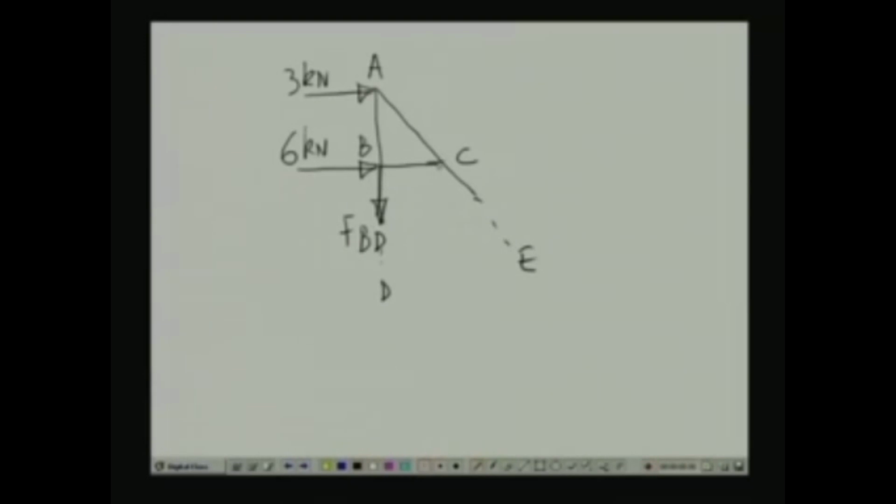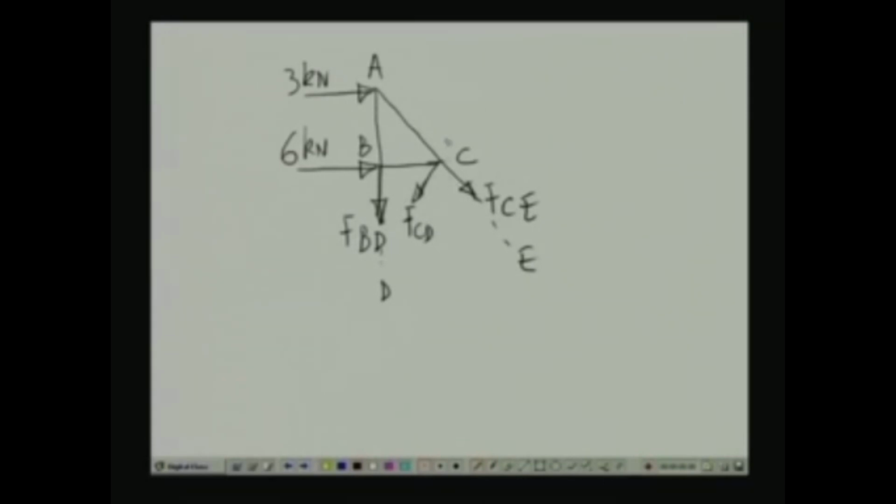So, this is FBD, we have a member in this direction which is FCD, and we have force FCE. We can compute the forces. If we take the moment of all the forces with respect to this, then 3 kilonewton is going to contribute a moment of 3 times this distance, and FBD will have a moment of this times this distance.